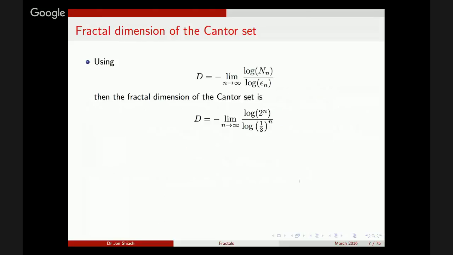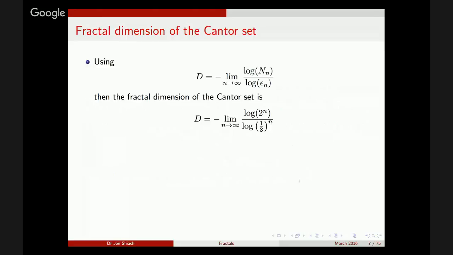Therefore, we can calculate the fractal dimension of the Cantor set. Using that expression from before, our big N is 2 to the power n, that's how many lines we have, and our epsilon n is 3 to the power minus n, or a third to the power n.